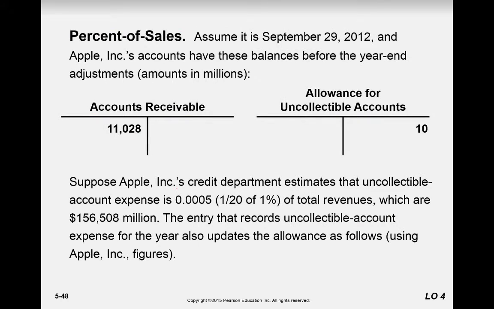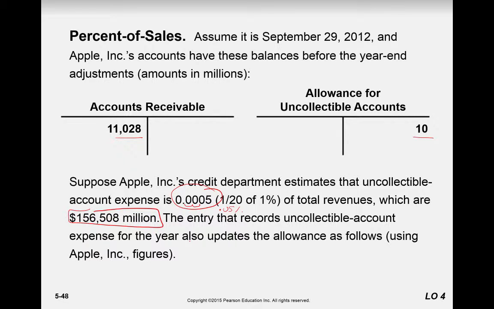Okay, now let's work through an example using percentage of sales. We're talking about Apple before year end. This is our balance in accounts receivable, and this is our balance in allowance for doubtful accounts. We assume the credit department estimates uncollectible at 0.0005. Remember, in Excel this would be 0.05% of total revenues, and our total revenues is this.